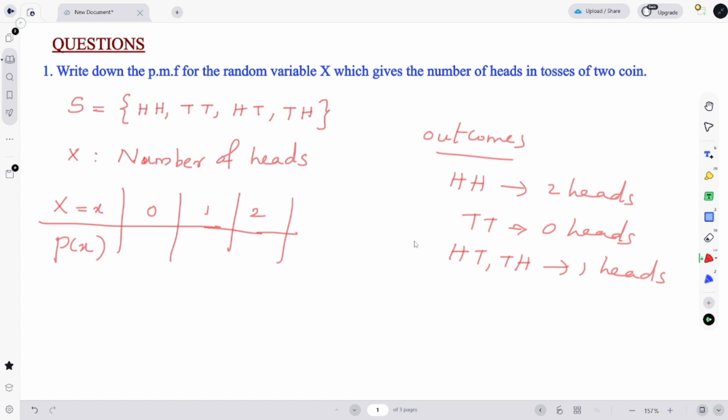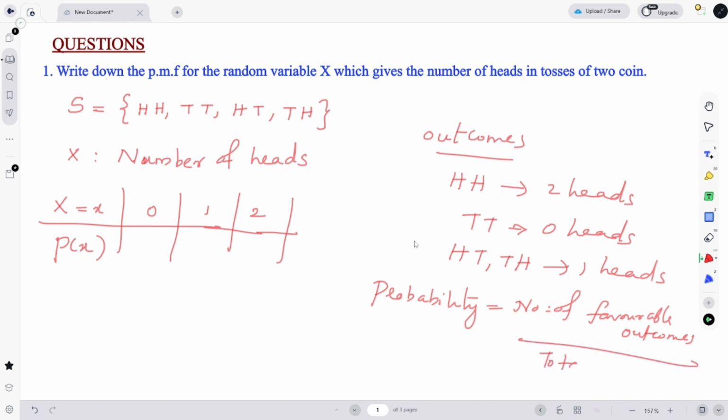Now we have to find the corresponding probability. Probability is equal to number of favorable outcomes divided by total number of outcomes.